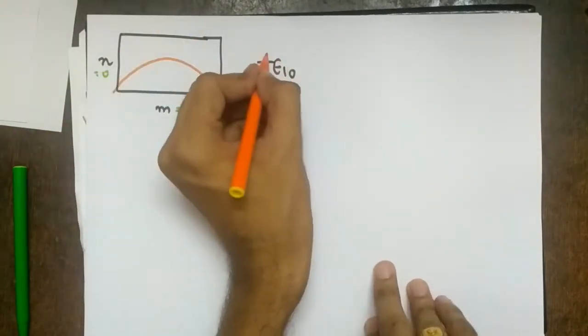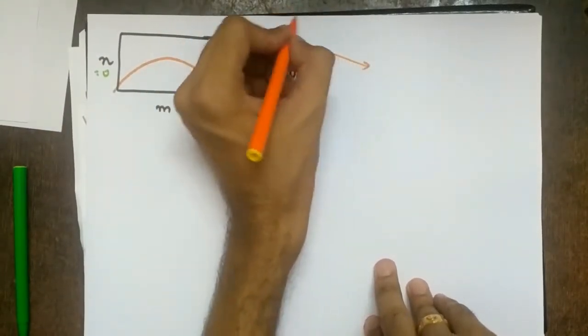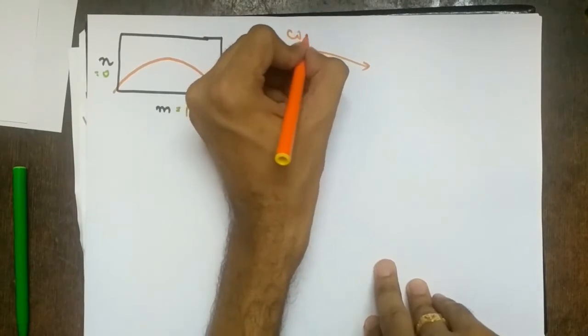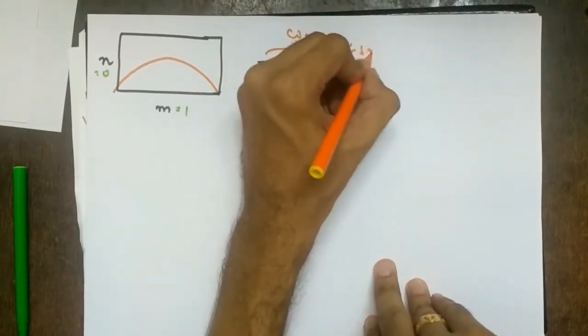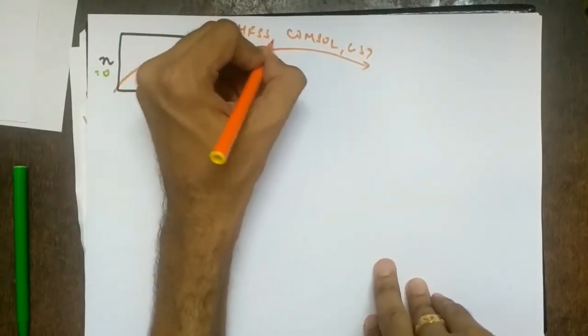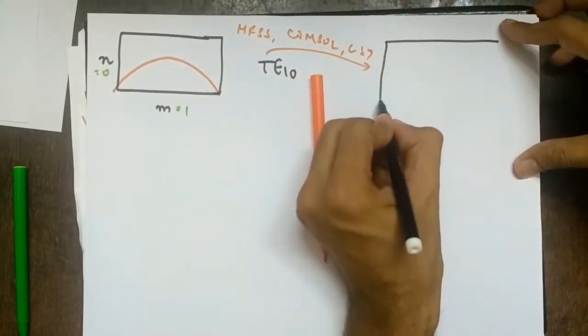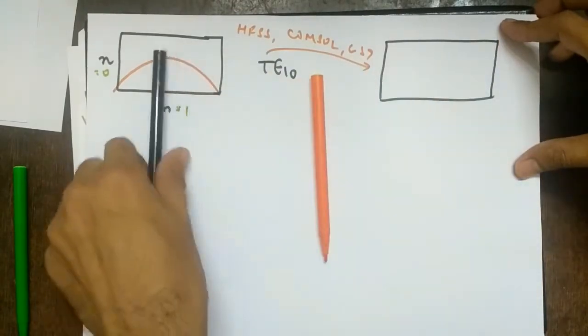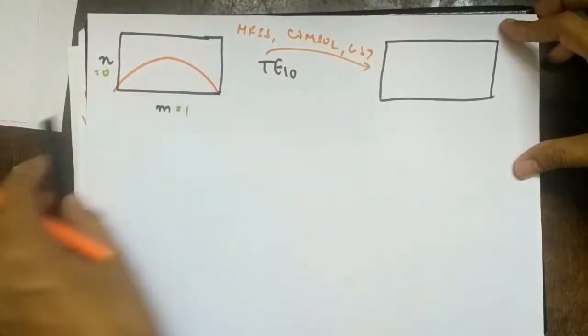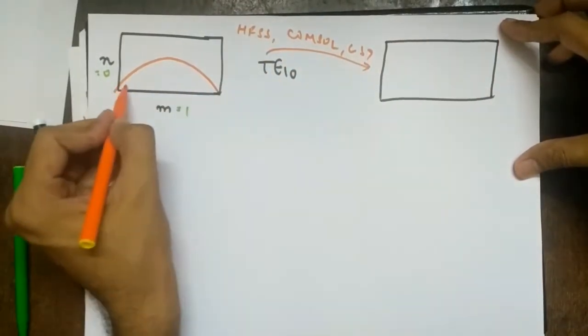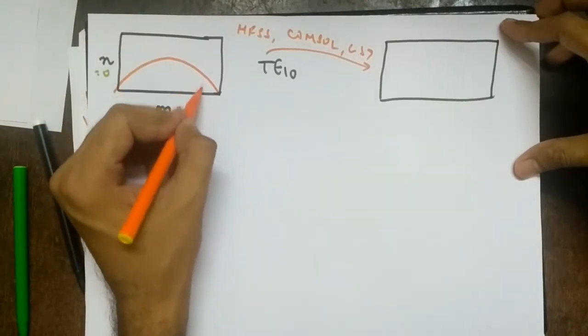If you see the mode in actual commercial software, like COMSOL, CST or HFSS, how will you see this? I'll draw that. This is my rectangular waveguide. You will see the electric field only in this direction.